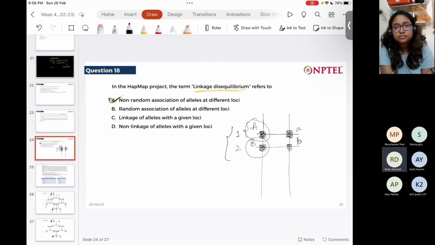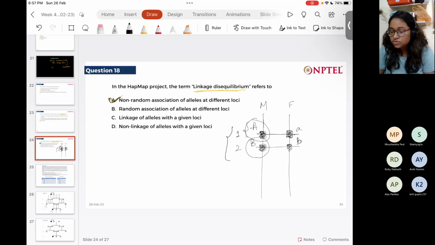So why is different loci mentioned here? It should be in the population setup. For two alleles to be inherited together, they have to be at different loci. Try to understand: this is locus 1 and this is locus 2. Within the same locus, one homologous chromosome comes from the mother and the other from the father.